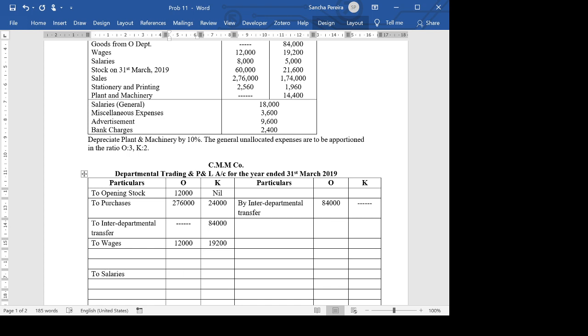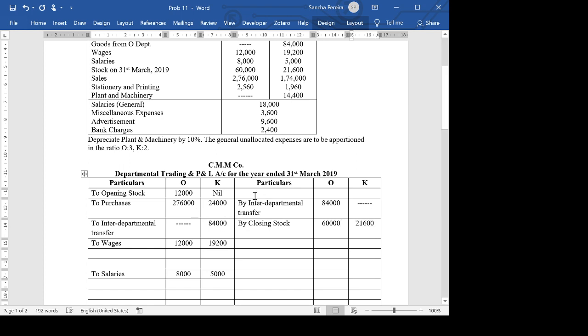Salaries are 8,000 and 5,000. Then we have stock on 31st March, that's a closing stock, by closing stock, which is 60,000 and 21,600.